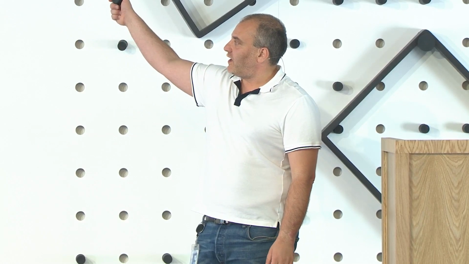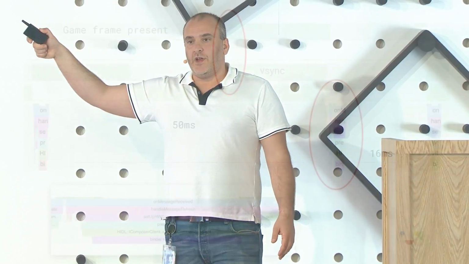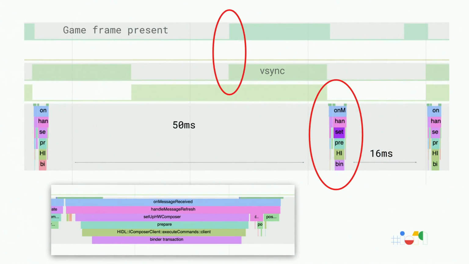This gets a little bit more complicated. The first bar up there is when your game is done with the frame and is presenting it to the system so it can be grabbed and displayed. The second bar is a nice vsync coming every 16.6 milliseconds, 60 frames per second. Down there is the bar that we saw before, just a little bit enlarged.